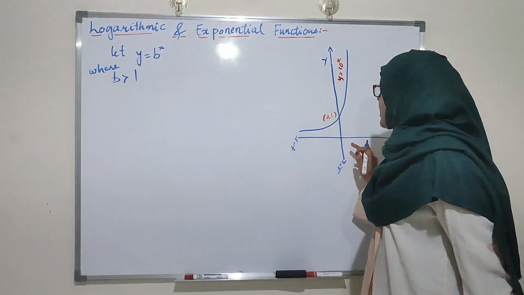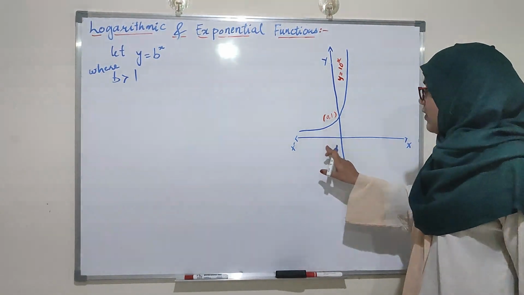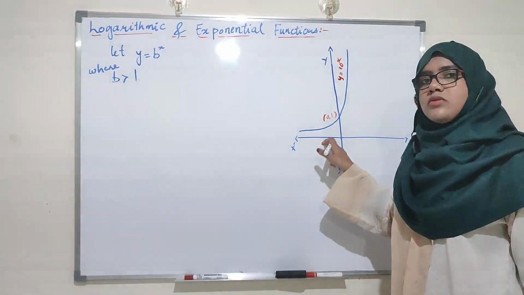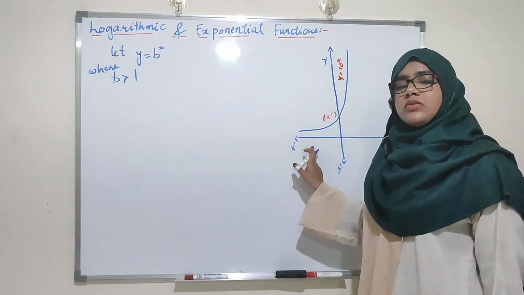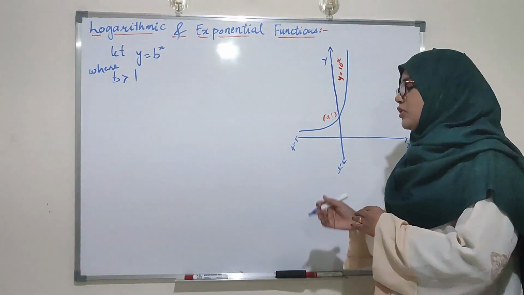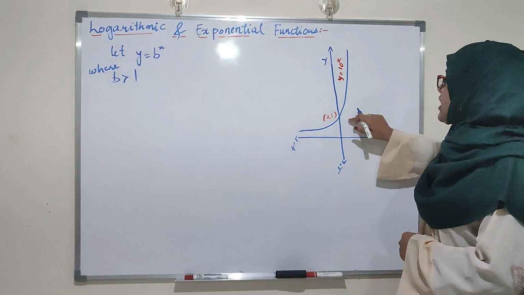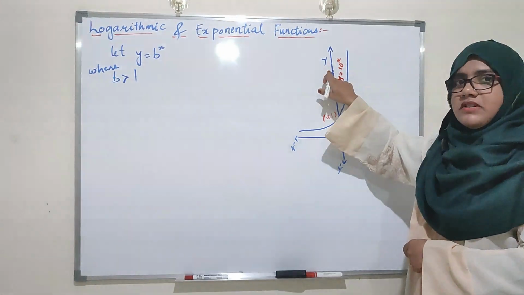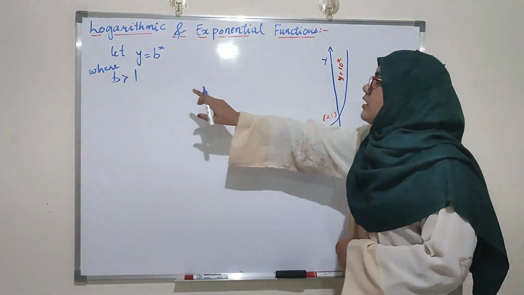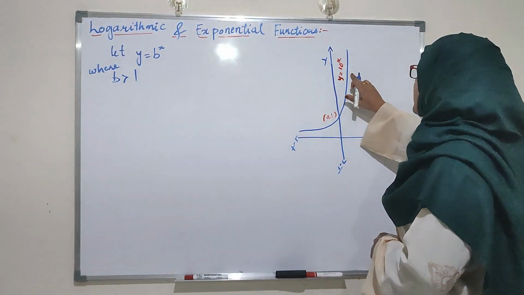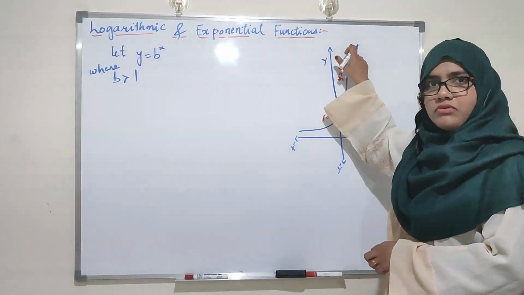See in this graph, the domain, or the x values, can be any real numbers, positive or negative. But for the y-axis, or the range of the given function, we know that b is always greater than 1, so we take b as a positive value.